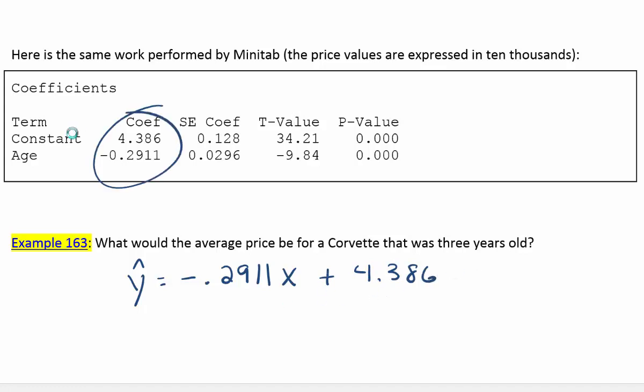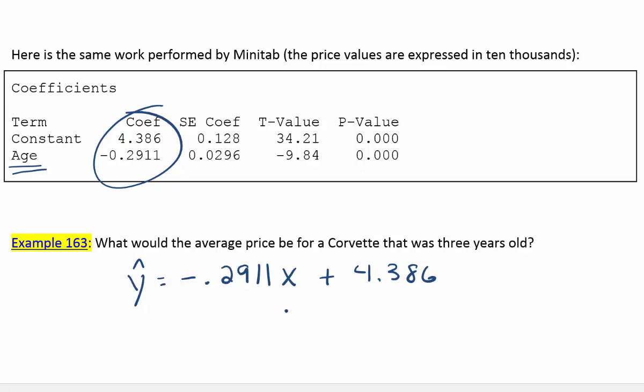The one that has the name of the measurements that go in for the x variable is your slope estimator. The constant is always your y-intercept, the thing that does not have the x attached to it in the equation. The other item is the thing that x is attached to, which represents the slope estimator.